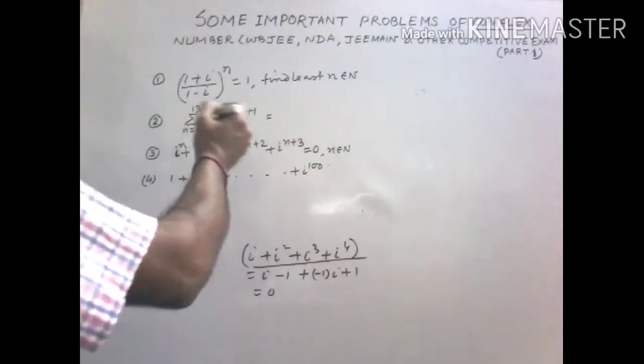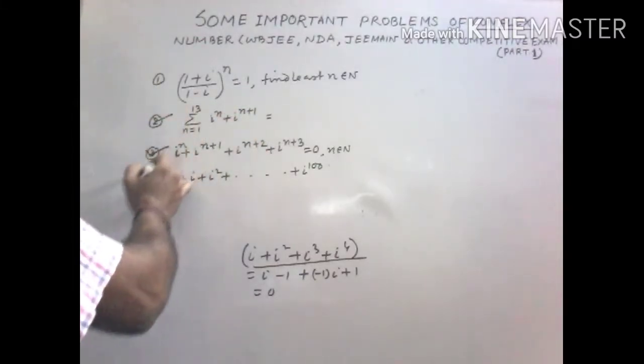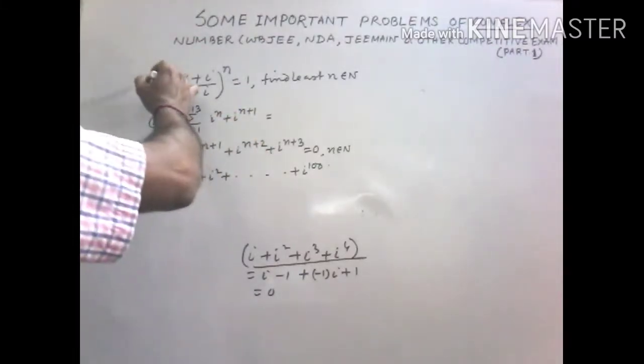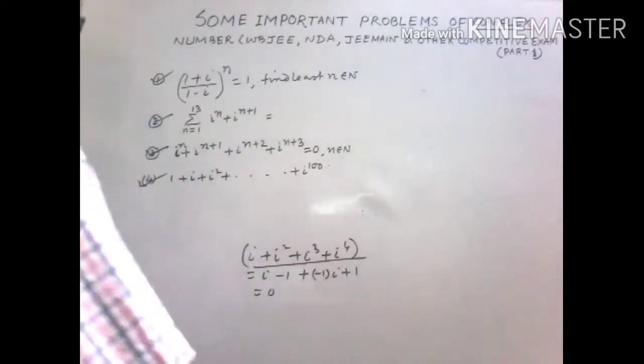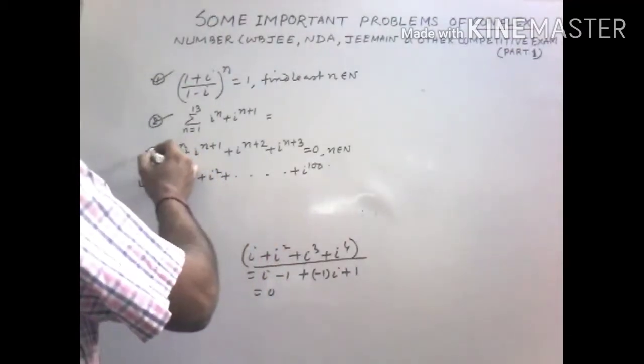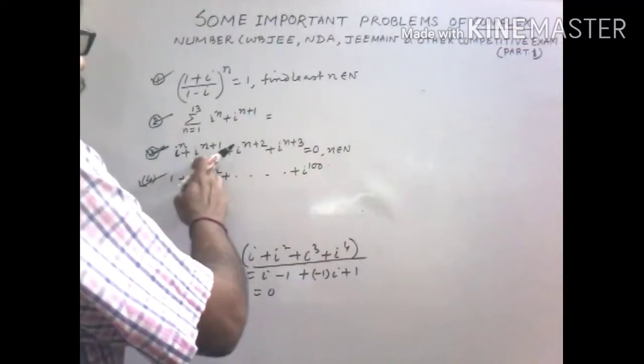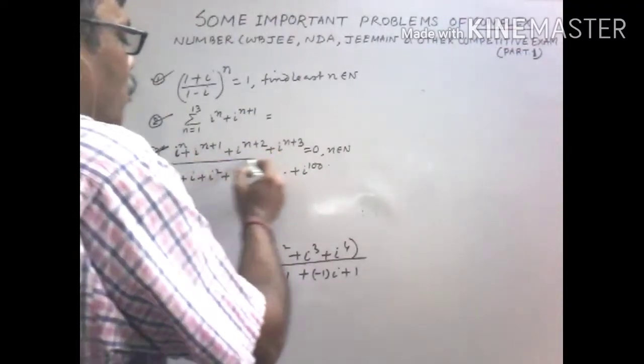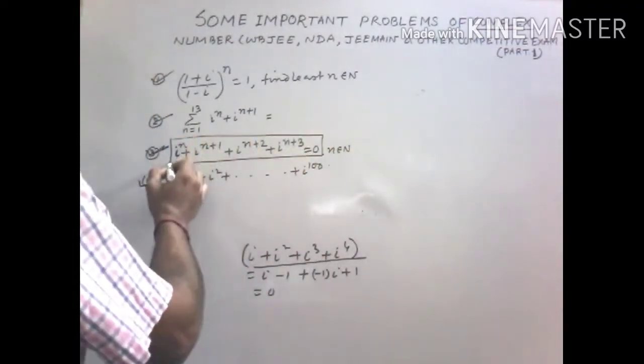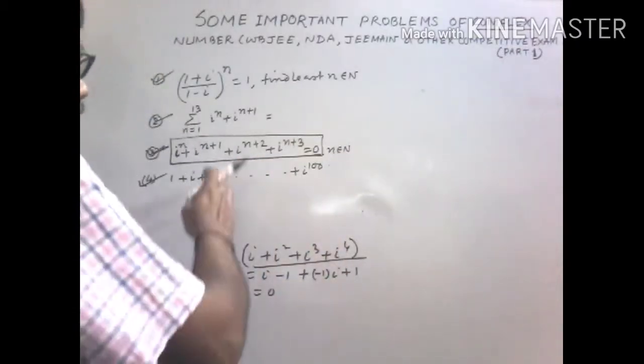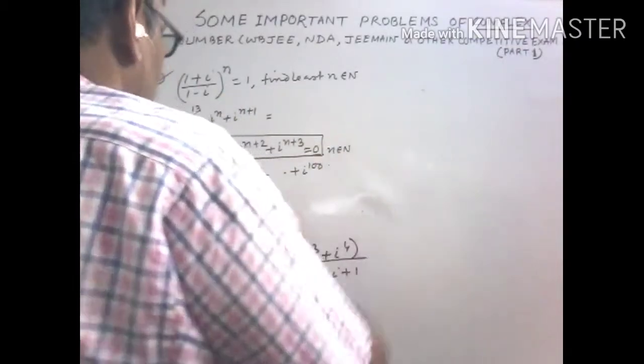Look, problems number 2, 3, 4 and 1 also. Problem number 3 is already discussed: i to the power n plus 1. The sum of 4 consecutive values of i equals 0.